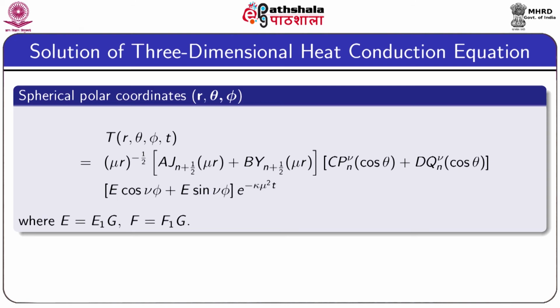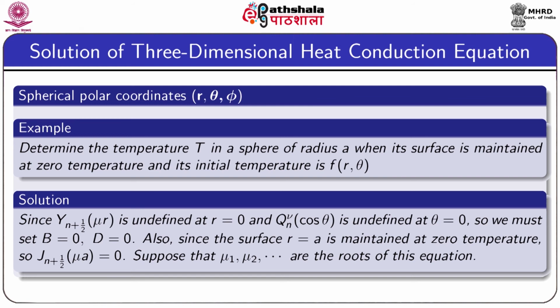So for this particular problem, we can choose the value of b as 0. For that reason we have taken the value of b as 0, and from the general solution you can see that the associated Legendre function of second kind is also undefined for theta equals 0.